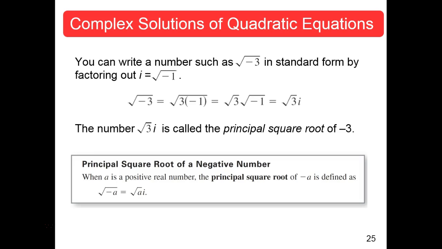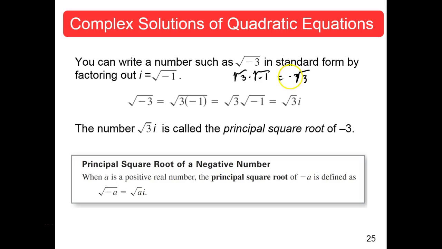Now, you can write a number such as the square root of negative 3. How would you write that? Yes, that would be the square root of 3 times the square root of negative 1. And what's the square root of negative 1? i. So this will be the square root of 3 times i. Now, the book always writes it in standard form with the i afterwards. I don't really like doing that in this case because sometimes my lines are a little sloppy and I can't tell if the i is inside or outside the house.